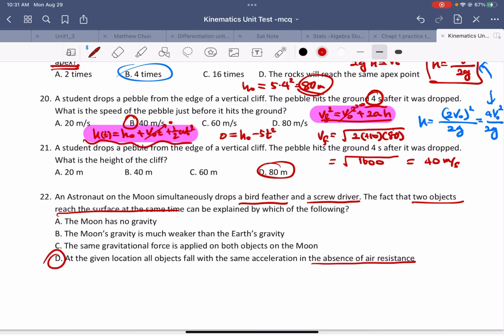The reason why, if you think about it, what equation can you use? That's h of t equals h naught plus v naught t plus 1/2 a t squared. So think about this formula here. And the initial velocity is 0 when you just drop from the same height. So the situation is here: there's a feather and a screwdriver.